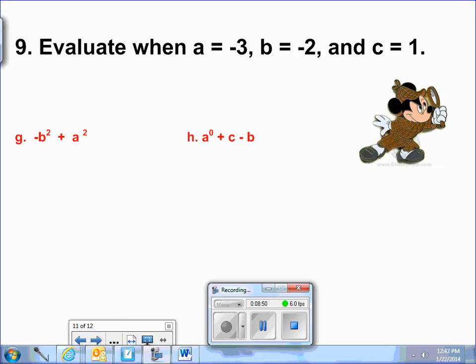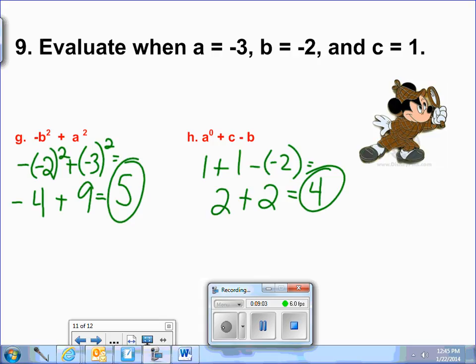Okay, on G and H, again, we have variables that we need to substitute. Again, rewrite it right below the original problem. Solve using your rules. Again, rewrite the problem, substituting everything that is given to you.